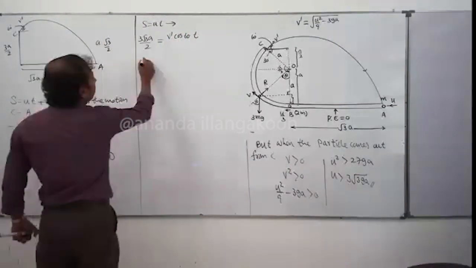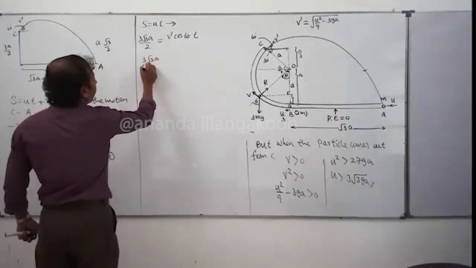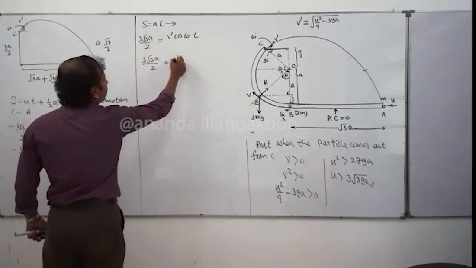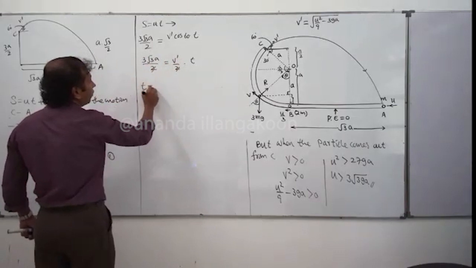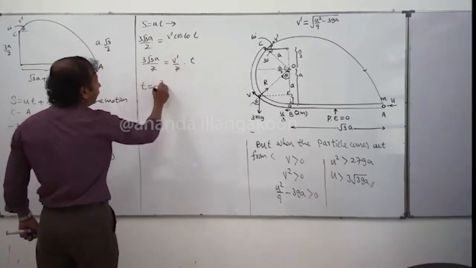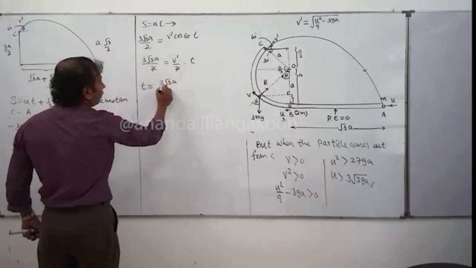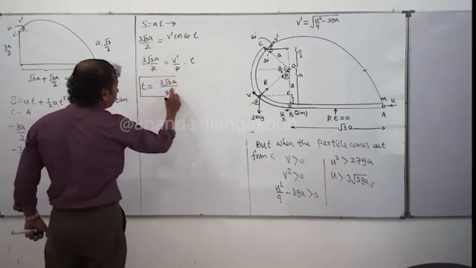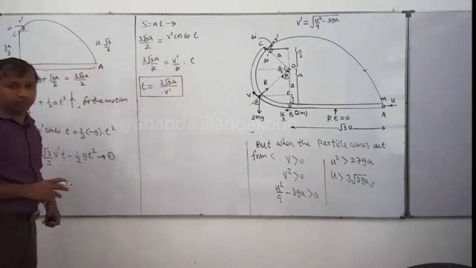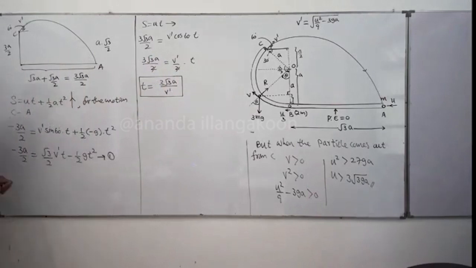Then here you can substitute cos 60 as half, and this and this you can cancel down. T can be written as 3 root 3A divided by v dash. Now that answer of t we substitute here and here. I will simplify this. Then you get this answer for you.